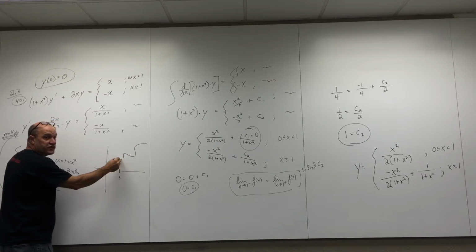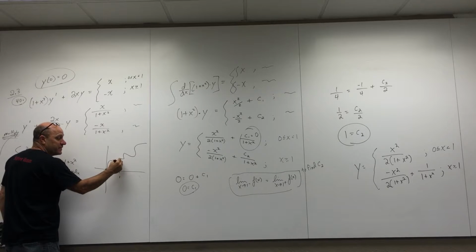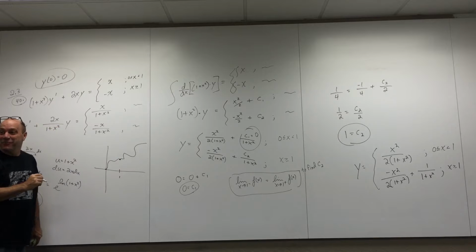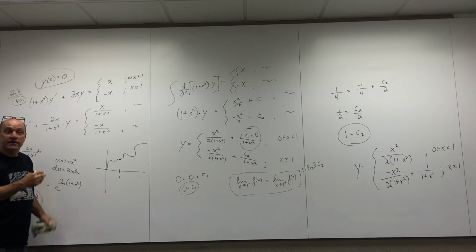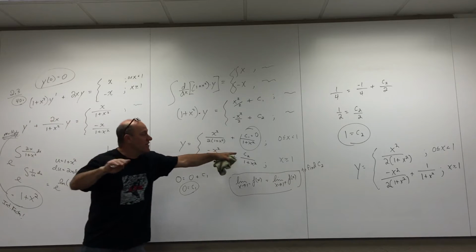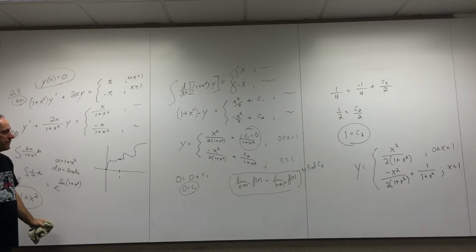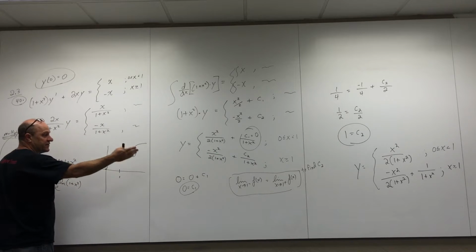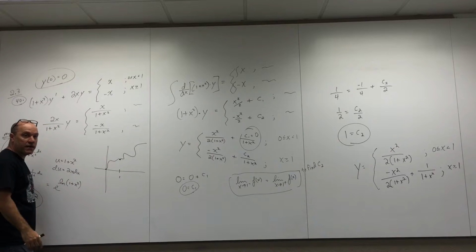But one thing I know for sure is that at 1, it does join up. We forced it to join up. We made it continuous at the end. We found the C2 that made it match up and made it continuous. So the final answer is a left and right hand piece, but they are continuous at 1.